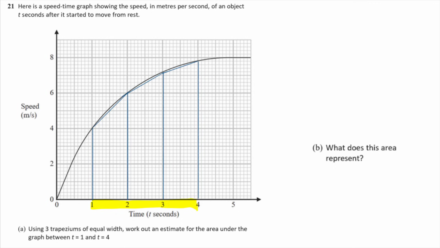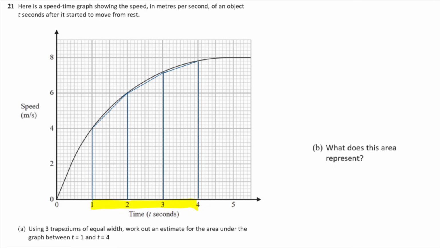Now there is actually something called the trapezium rule that you learn at A level, which is pretty much this technique, but I'm assuming you don't know the trapezium rule formula because you're in year 11, you're a GCSE student. So what we're going to do is just find the area of the 3 trapeziums, and we're going to add them together, old school style.